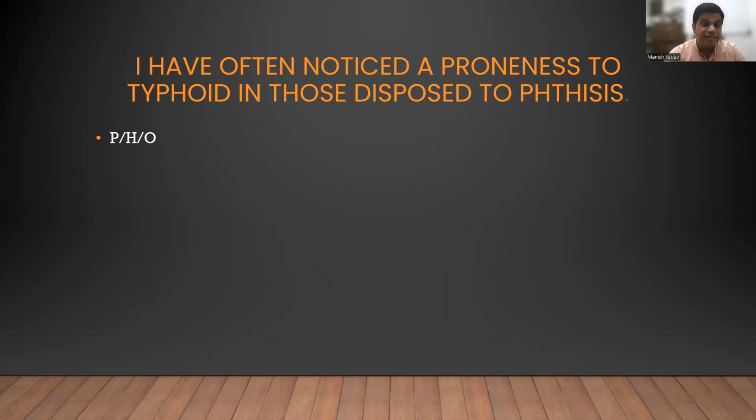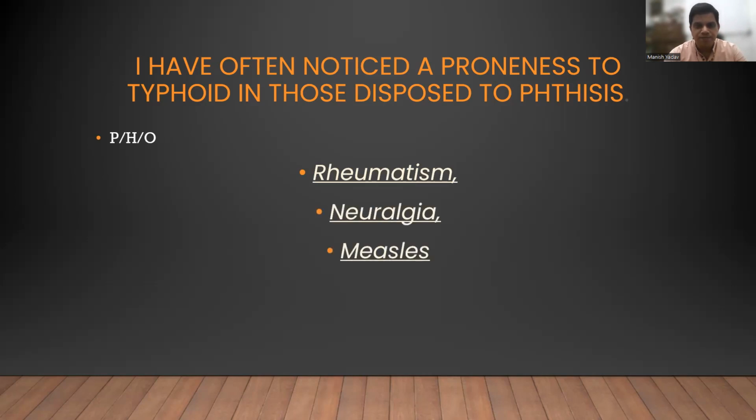So past history, what are the illnesses he has suffered? He has suffered from rheumatism, neuralgia, measles, whooping cough. So again, you see, there's a tubercular background going around, right? Now measles, as an intercurrent, many times you will see MMR being used.